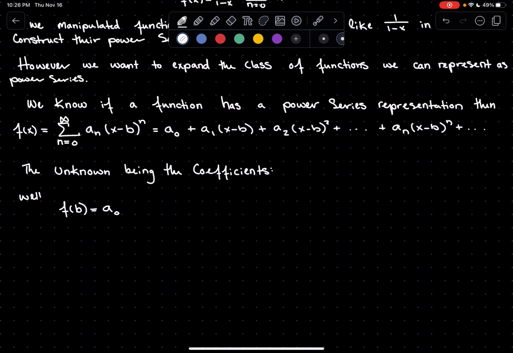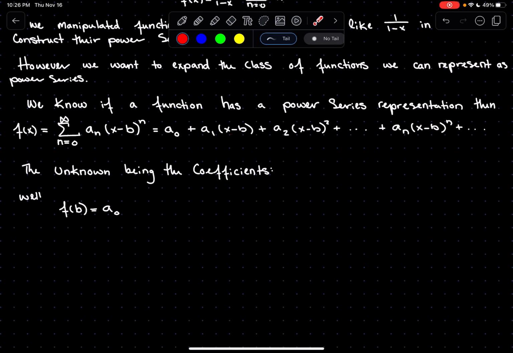Let's try to figure out a few more and see if a pattern happens. Well, if I take a derivative, my a naught goes away, and for a1 times (x minus b), a1 is just a constant. The derivative of x is 1, and the derivative of minus b is 0. So this just becomes 1 minus 0, and then I just get a1, right? a1 times 1 minus 0 is just a1.